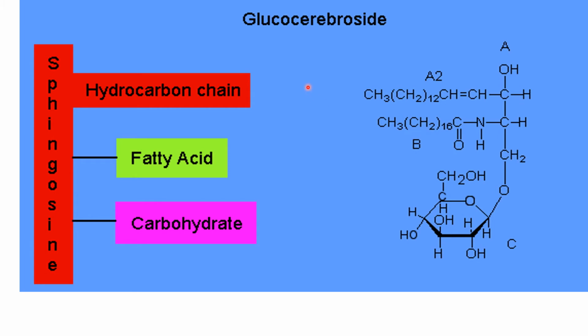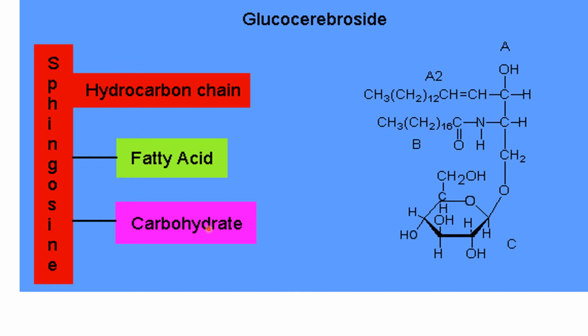Now, glucocerebroside. This is the structure of glucocerebroside. Glucocerebroside is mainly comprised of this sugar, sphingosine, the red structure, and when this sphingosine combines with the fatty acid, it forms ceramide. So ceramide is the basic structure, and when a carbohydrate, a monosaccharide, glucose, is attached to this ceramide, it is called glucocerebroside.